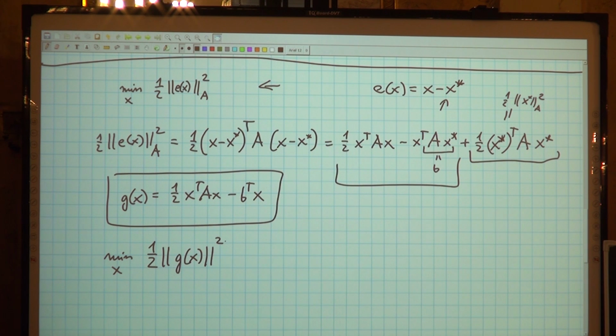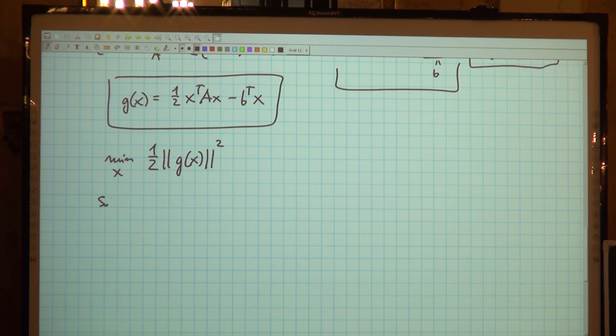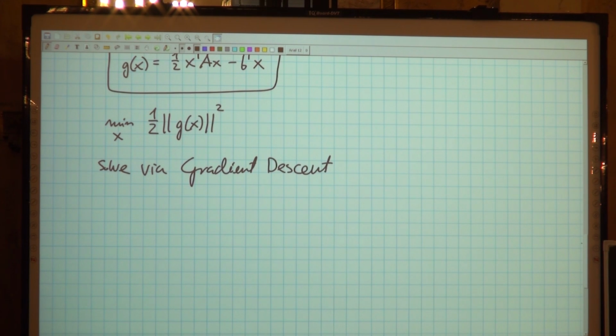So, how do we solve it? Well, I already told you. There is no need to think here. We just will use gradient descent. So what will be the algorithm? As we all know, start with some solution.